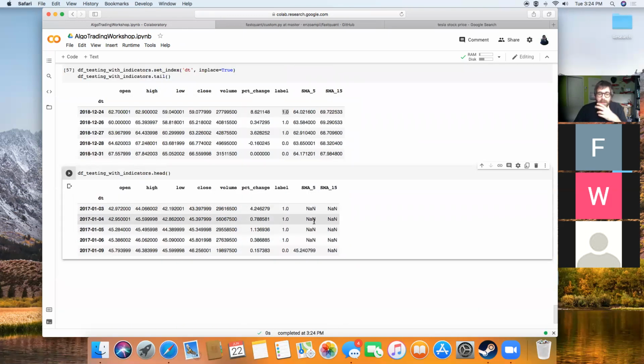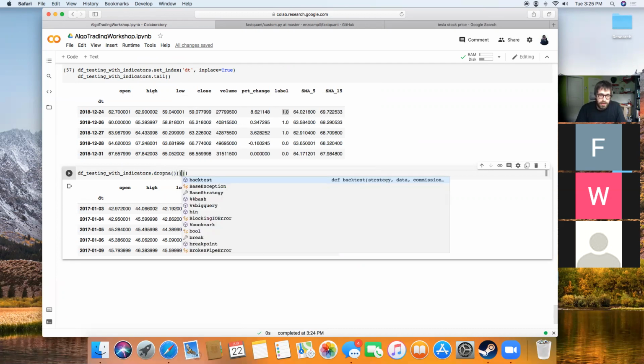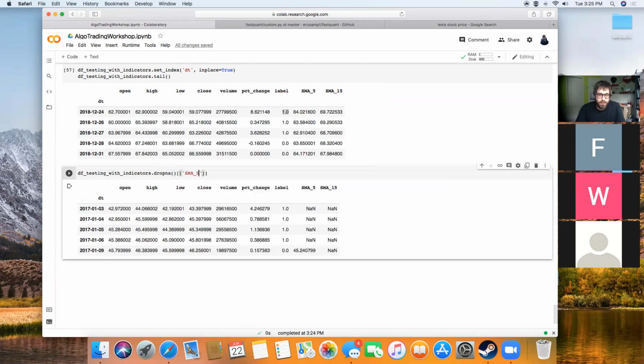Yeah, so we will need to drop these, because we can't use them in our training since they don't have values. So every time I'm going to use this to extract data, I'm going to do drop not available. And then I'm going to select the SMA 5 column and the SMA 15, and I'm going to get it to a NumPy array.